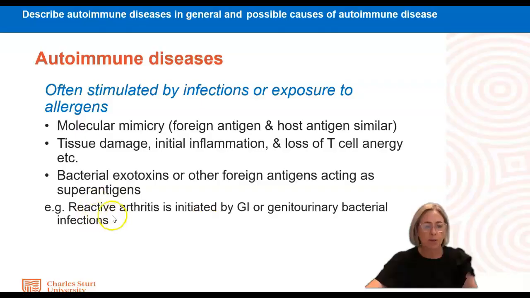Now, another example given here is reactive arthritis, which is initiated by a gastrointestinal or genitourinary bacterial infection. And for some people that end up with this form of arthritis from this infection, it could be resolved pretty quickly. Whereas for other people, it could last years and years after that initial infection.